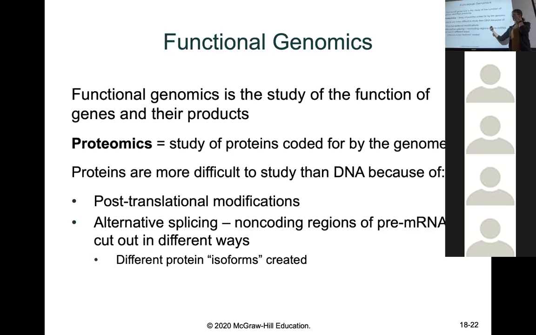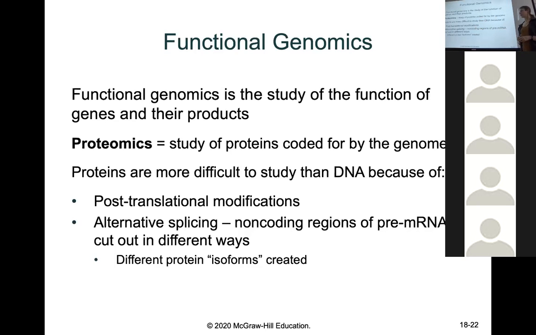So those post-translational modifications, anything that happens after translation that makes the protein have the function that it has, is really difficult to understand. It's not just the sequence of amino acids, it's all of that other folding and bonding within it that actually makes it functional.